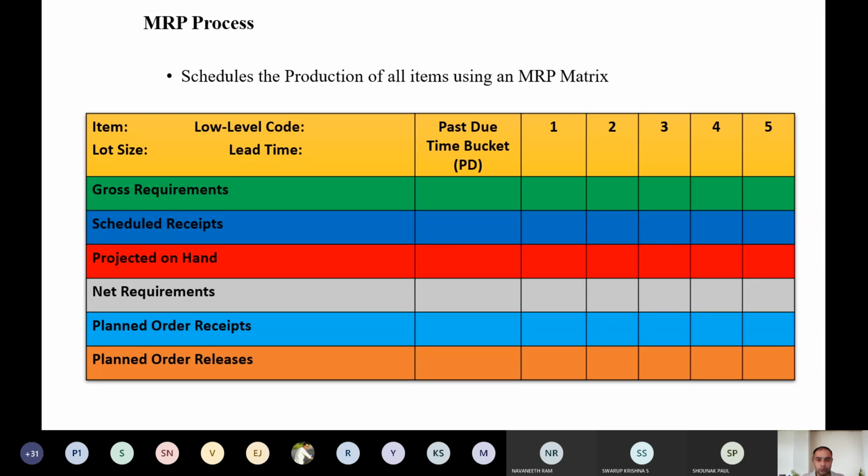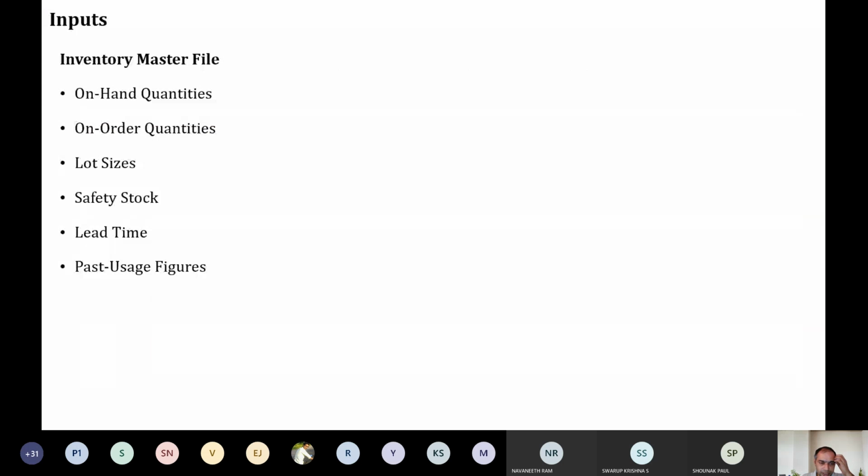Sir, in lead time, which days do we have to include? The day you are ordering and the day you are receiving the product in your hand. So both days we have to include. Yeah, the day you started the engineering, the day you got the degree.